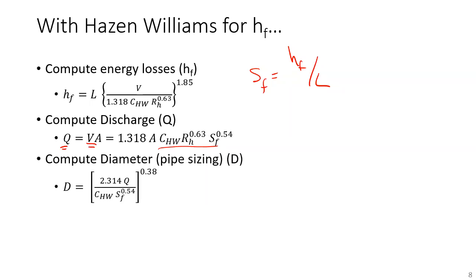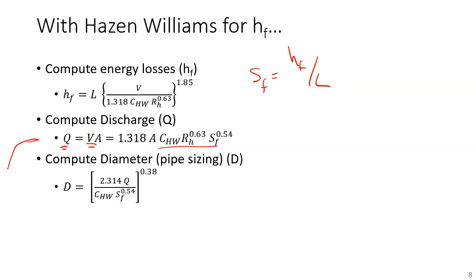And then the last class of the problems which we're working with, in which we have closed conduit piping systems, and the only energy loss is due to frictional resistance, is the pipe sizing problem. Here in the pipe sizing problem, all we did was take the Hazen-Williams equation in terms of discharge.